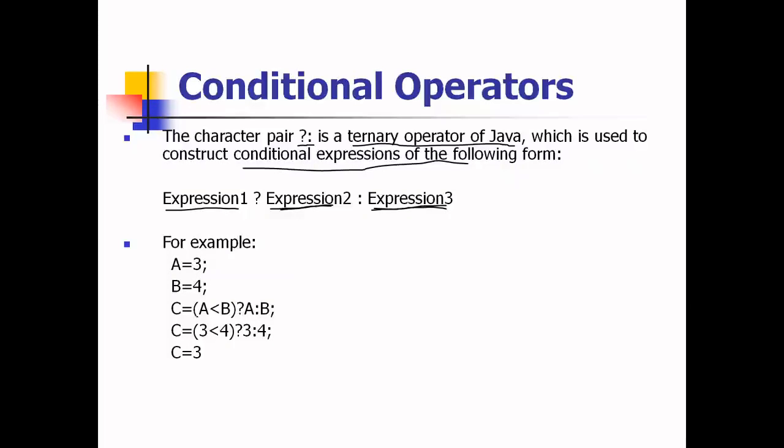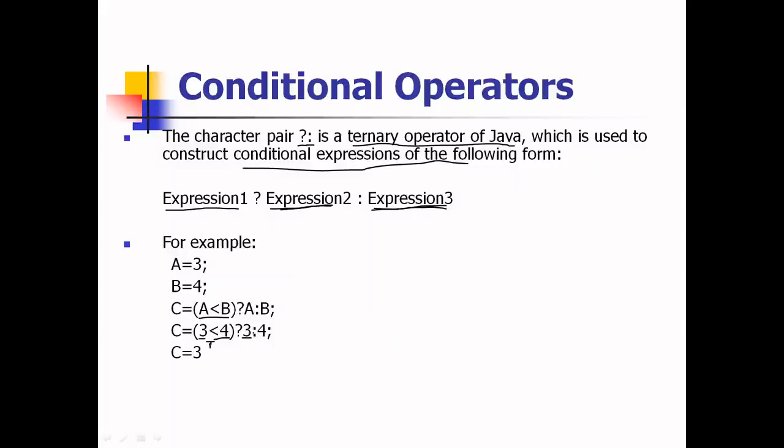Then we may form a conditional expression here of the form a is less than b question mark a colon b. So that simply means if a is less than b, the values of a and b are, a is 3, b is 4. So that simply means 3 is less than 4. The condition, if you look at the condition here, it is true. And if it is true, the value 3 is stored in the variable c.